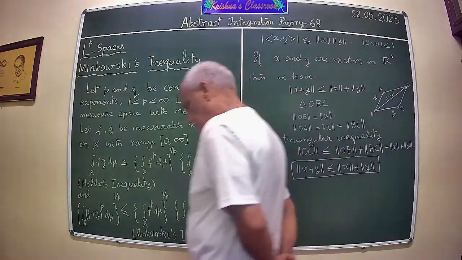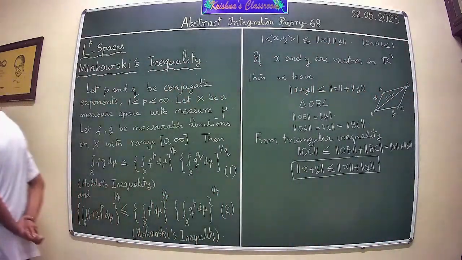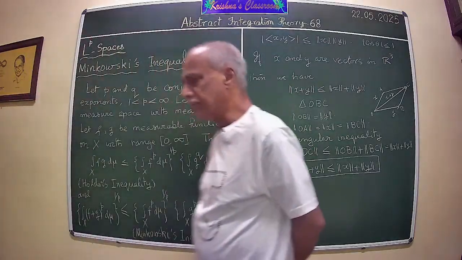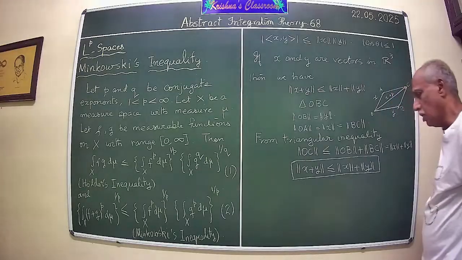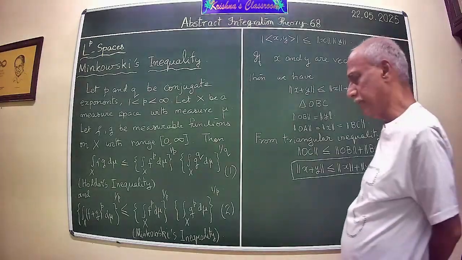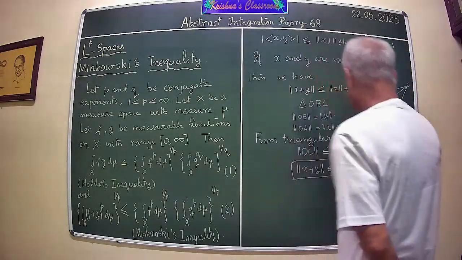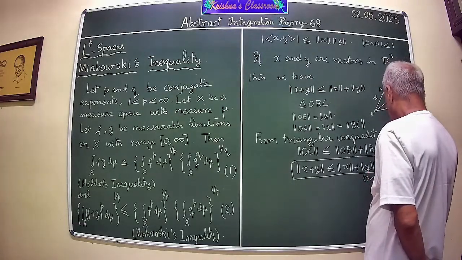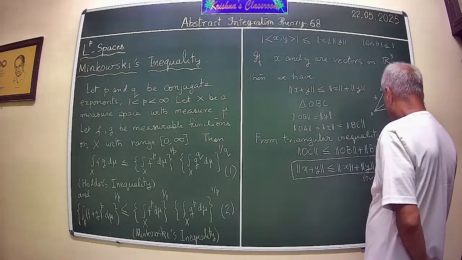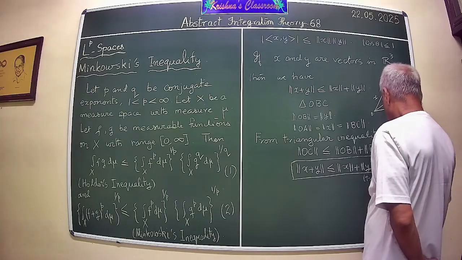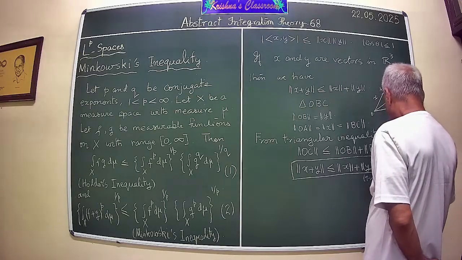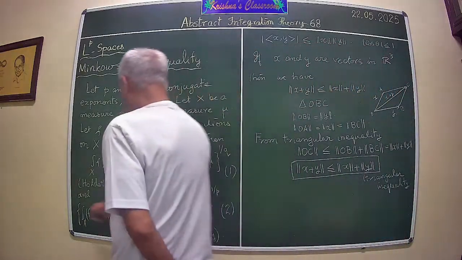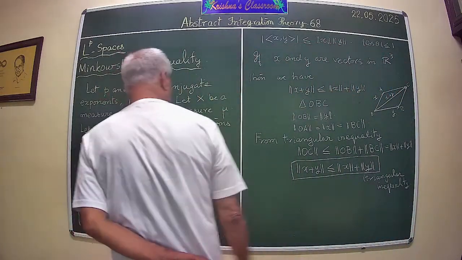And suppose you have a vector space and there is a norm defined, and we would like the norm to satisfy the so-called triangular inequality. And that is exactly what you observe here in 2.